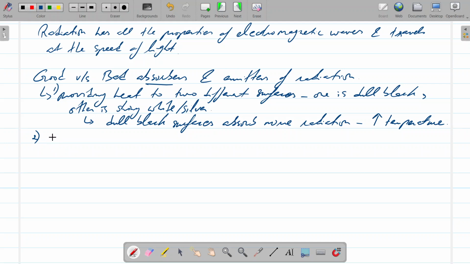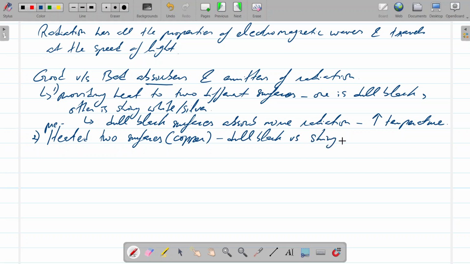Next, right, they had preheated two surfaces. These were copper, okay, and one of them was dull black again, and the other was shiny. Sorry about the background noise.